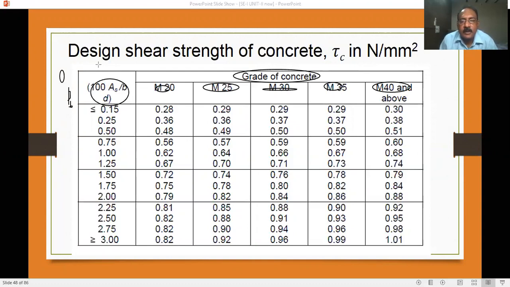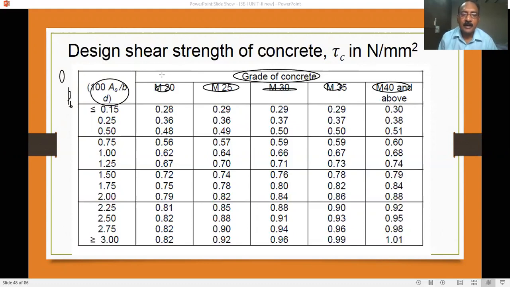Always this unit is Newton per mm square. This design shear strength tau C is how much shear strength it will take, including your reinforcement.